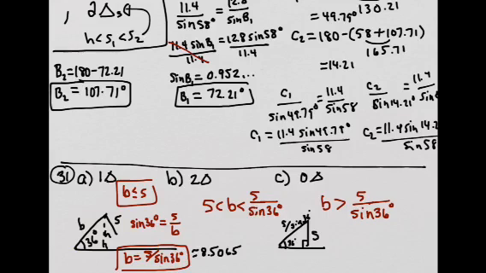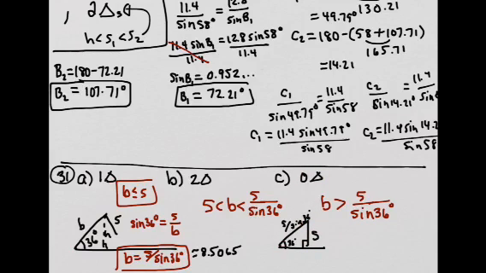How do you get no triangle? You get no triangle if this side right here is longer than what would make it a right triangle. If this side got longer, then this 5 would be too short to reach this side.